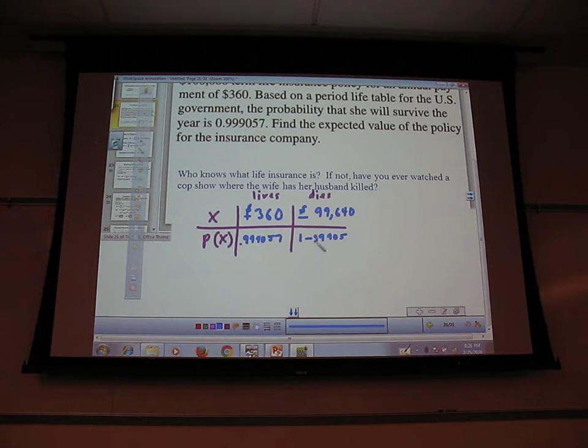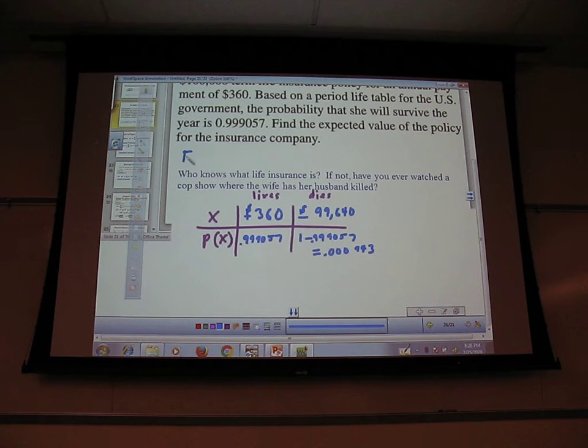So then you need to find your expected value.